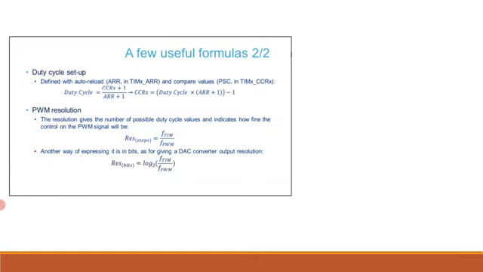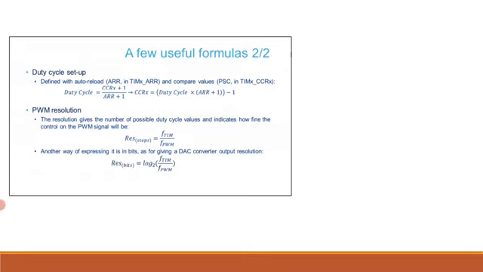Another useful indication is the PWM resolution. This gives the number of possible duty cycle values and indicates how fine the control on the PWM signal will be. The resolution expressed in number of duty cycle steps is simply equal to the ratio between the timer clock frequency F_TIM and the PWM frequency F_PWM, the whole minus 1.